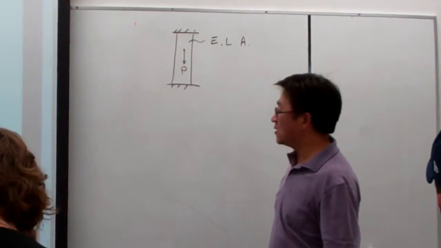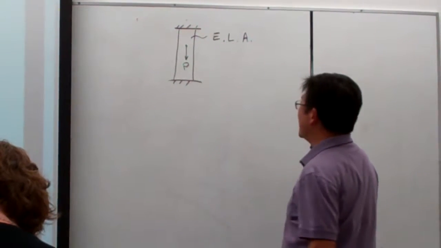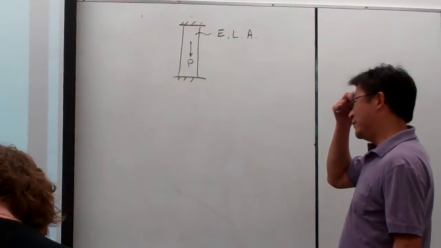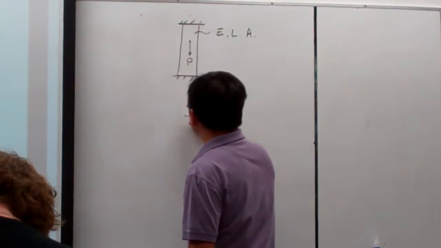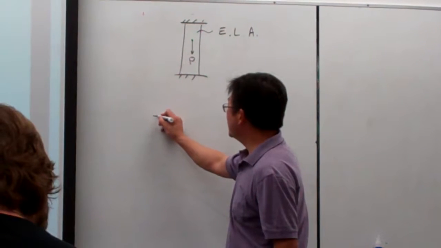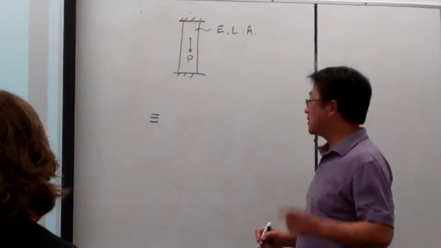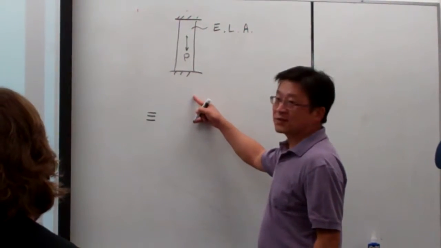So for this case, how can we do it? There are a few strategies. The first one is this. For these problems, at this moment, I would need you to use a little bit of imagination.